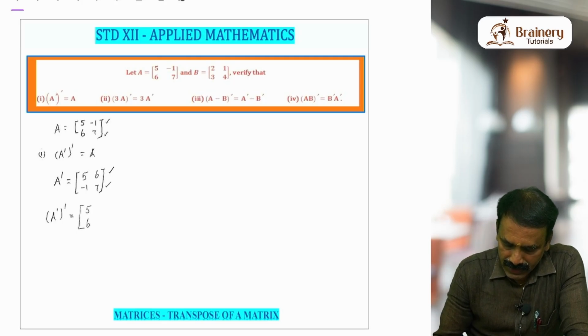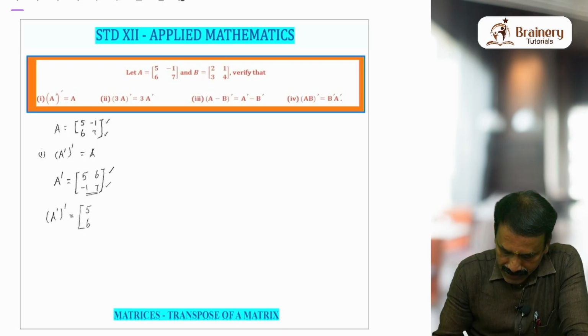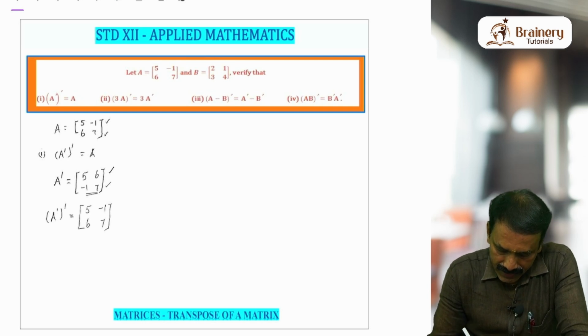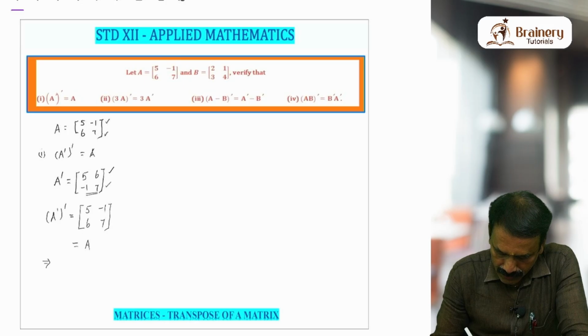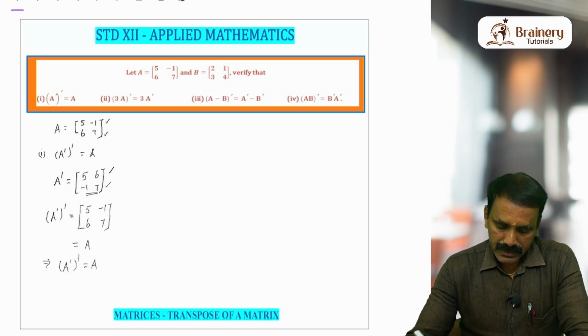Minus 1, 7, the second row, will be rewritten as second column. So it is minus 1, 7. We can very well see that we are getting back our first matrix itself. So we conclude A transpose, whole transpose is equal to A. Is it clear? Very simple proof.